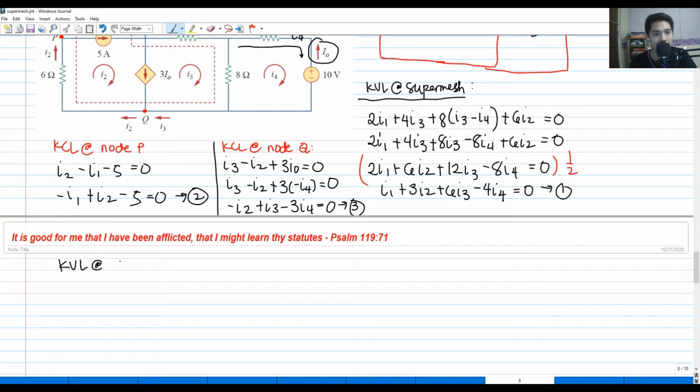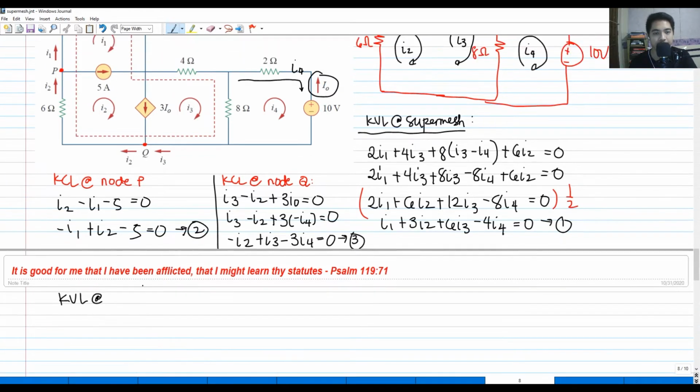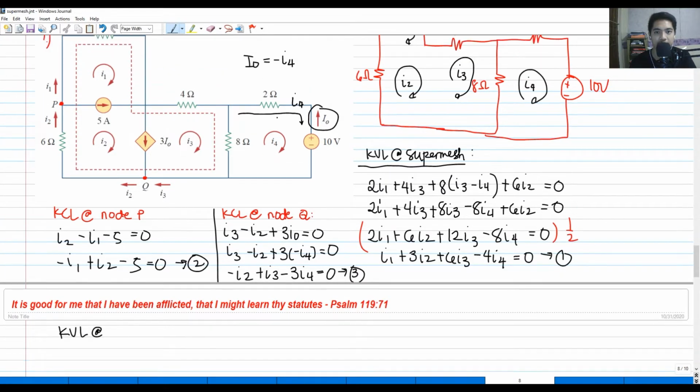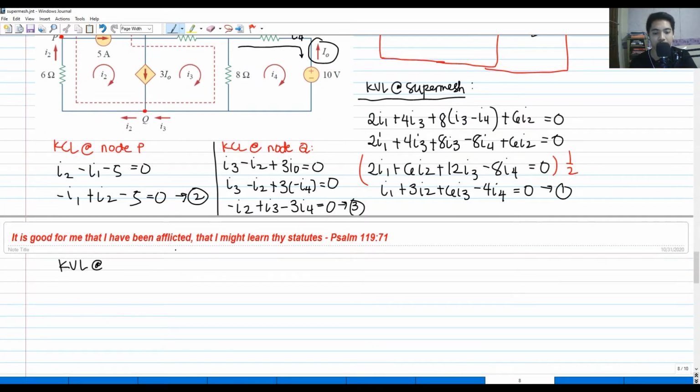How about the fourth equation? KVL at this loop, the fourth loop. For our mesh current I sub 4, we have to have a KVL, mesh 4 or loop 4.